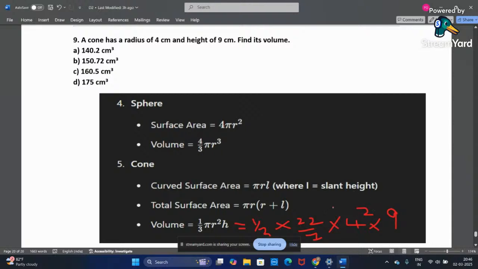We get the answer as 150.85. So which one is the answer here? This one. This is the answer. Okay, we'll move on to the next one.